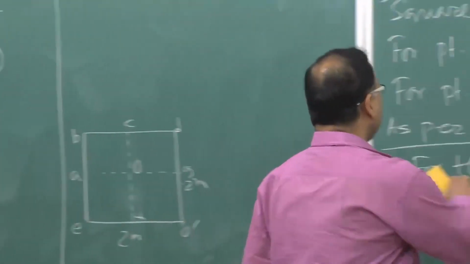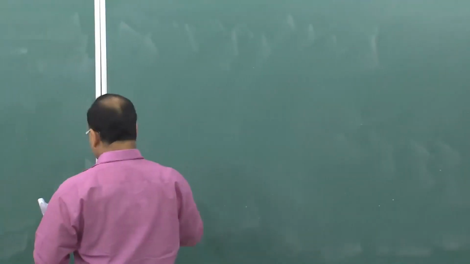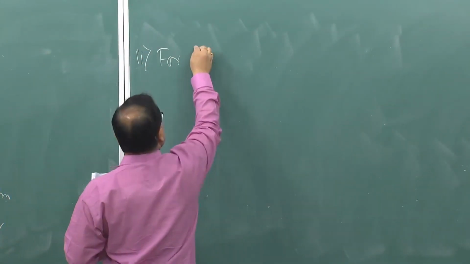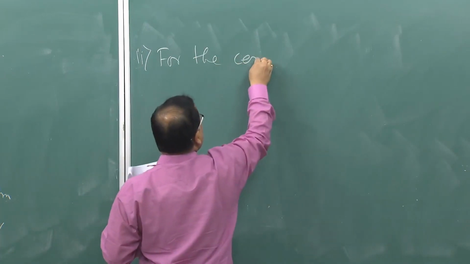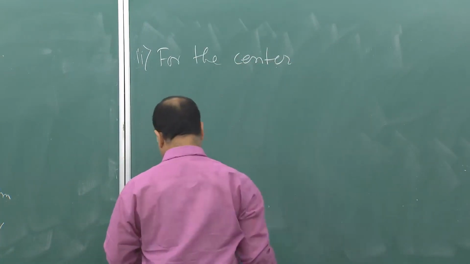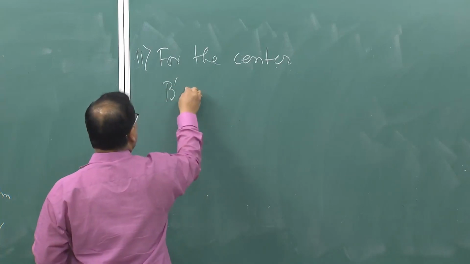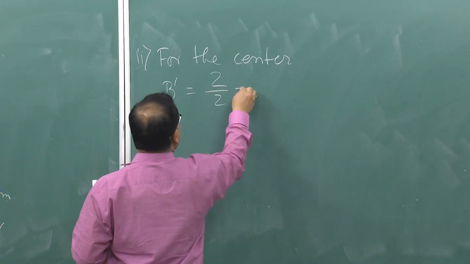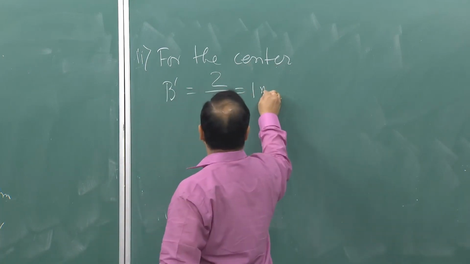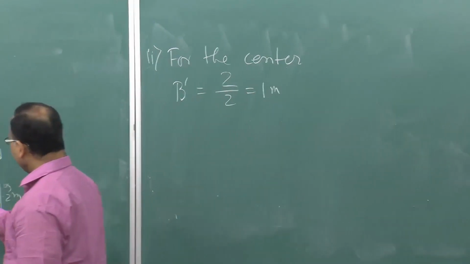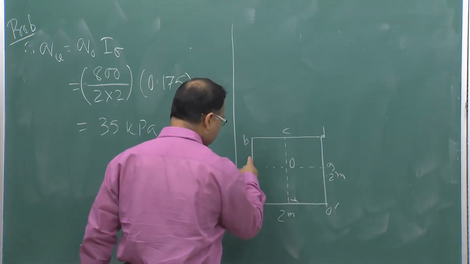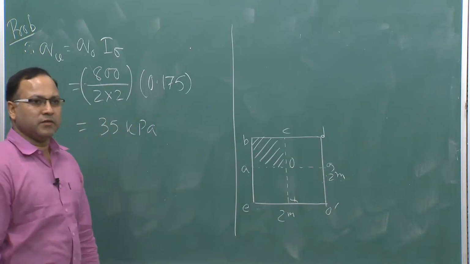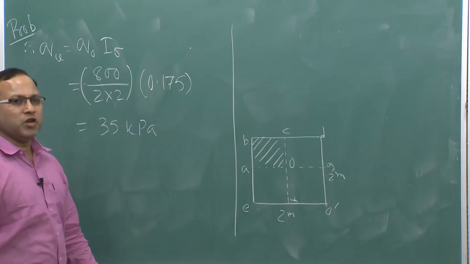Now, for the center, what is happening? Your modified B, that is B prime, is 2 by 2 is 1 meter. When you are considering the center, at that time you are considering the small square, right. At the time what is the magnitude of B?